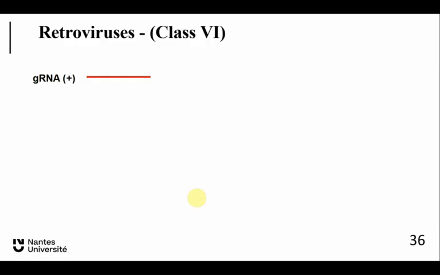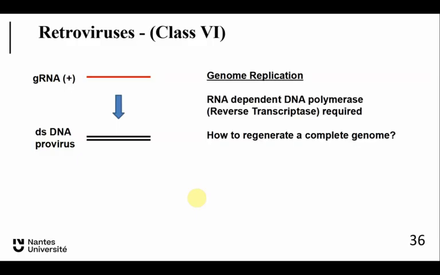Okay, so what's the general idea of retroviral replication and gene expression? So the genome is plus strand RNA, and it's got to copy itself into a double-stranded DNA provirus. So this depends on an RNA-dependent DNA polymerase, a reverse transcriptase. And because this occurs directly after infection, once again, the virus has got to carry the reverse transcriptase inside the particle, so that directly after infection, the genome gets copied into double-stranded DNA.